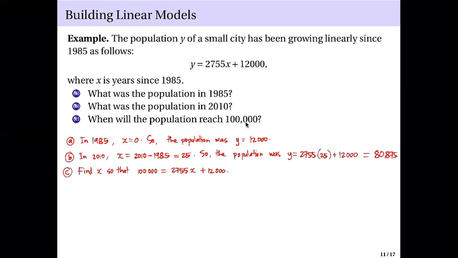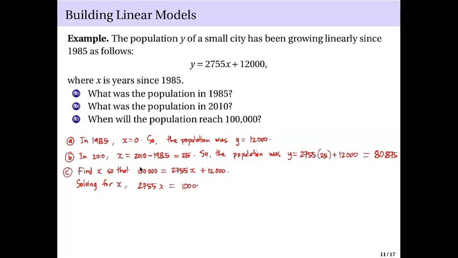Solving for X, we have 2755x equals, we move this 12,000 to this side of the equation and interchange the quantities.